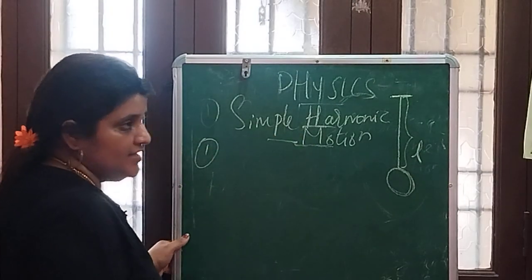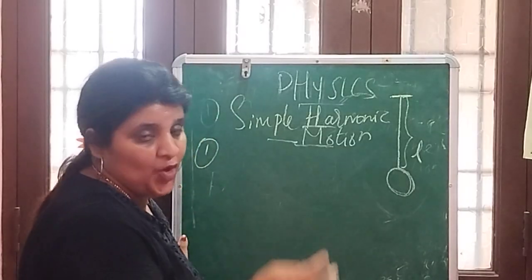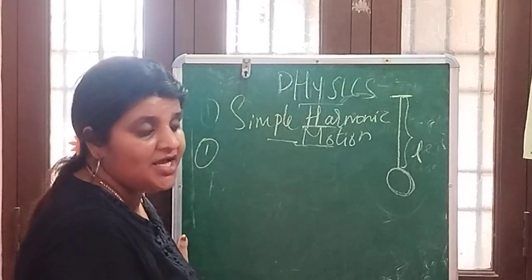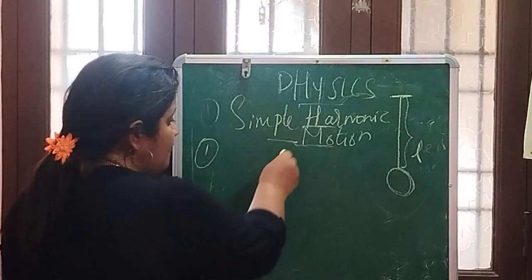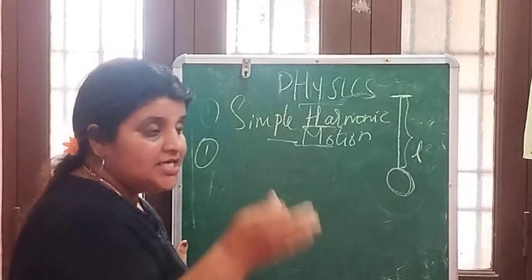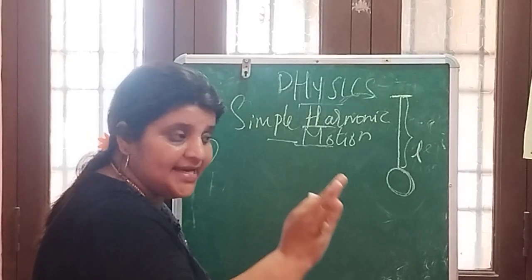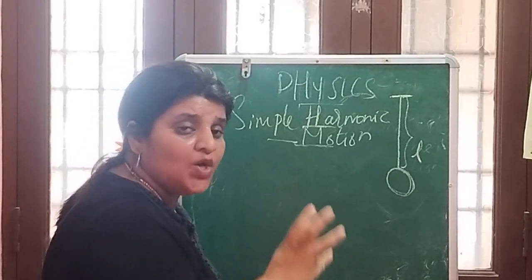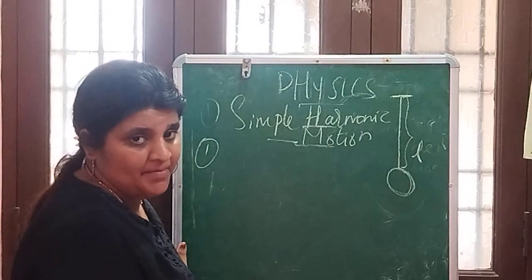First important property is that the displacement and the corresponding acceleration of the bob are directly proportional, but both are in opposite direction. This is the first important property of simple harmonic motion.